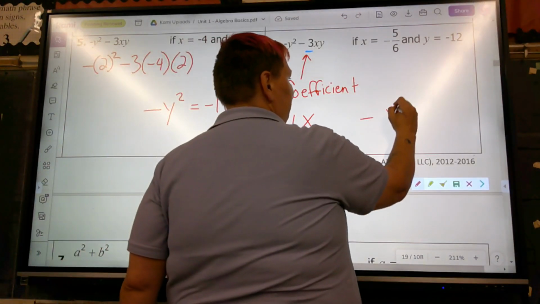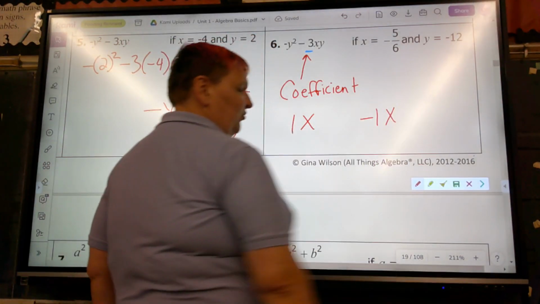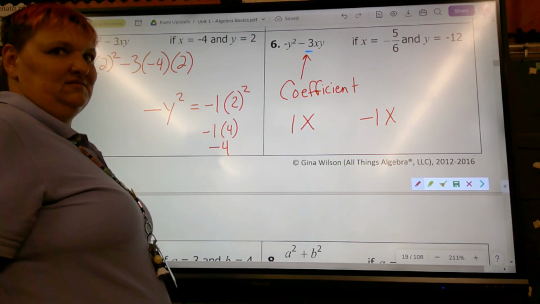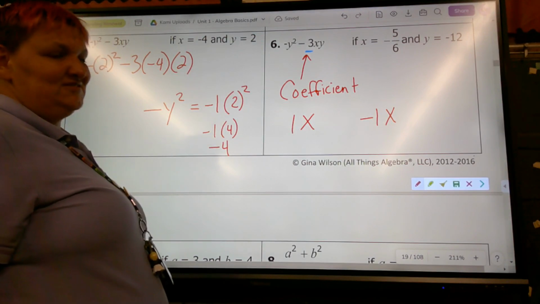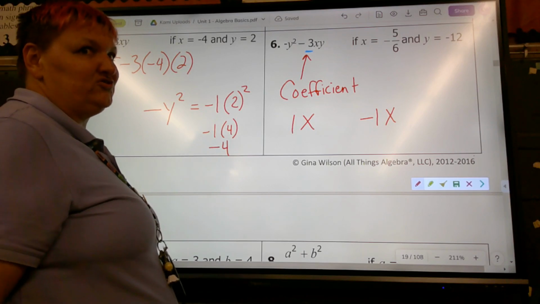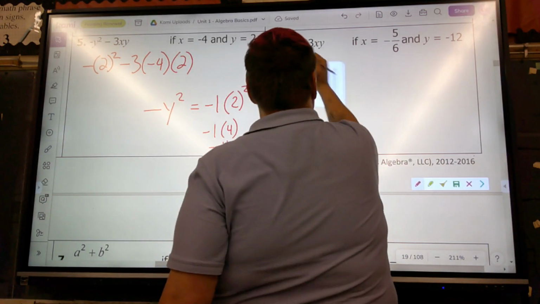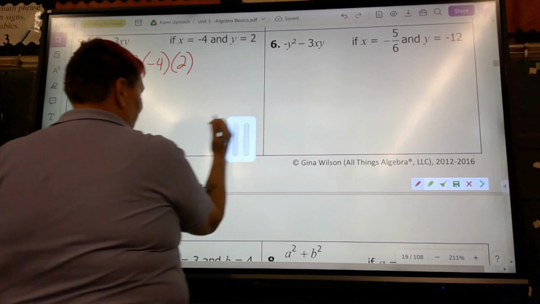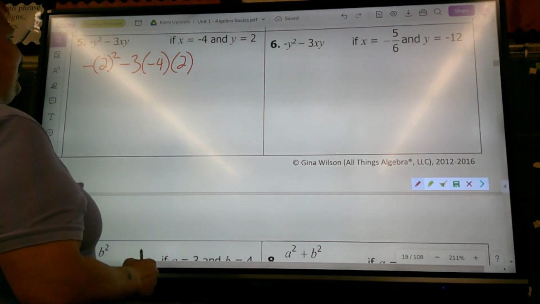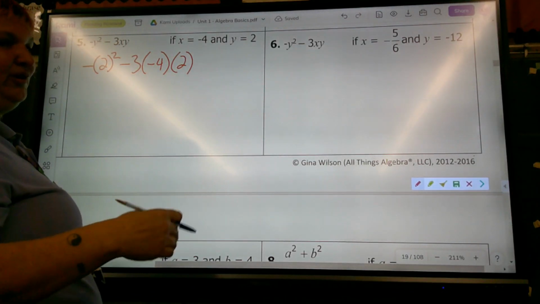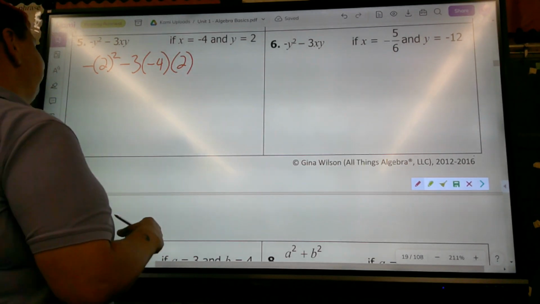If you have a negative x by itself, there's an invisible 1. Be careful because that's going to change your answer quite drastically. I'm just telling you. Alright, sorry, I got sidetracked. But you need to know this information, right? You should probably rewind and watch that part again, and maybe a third time.